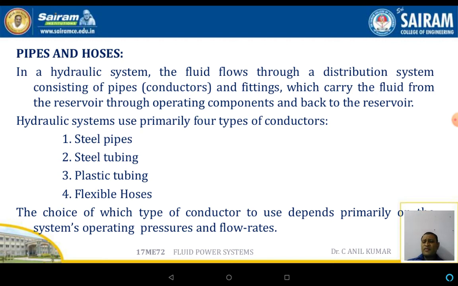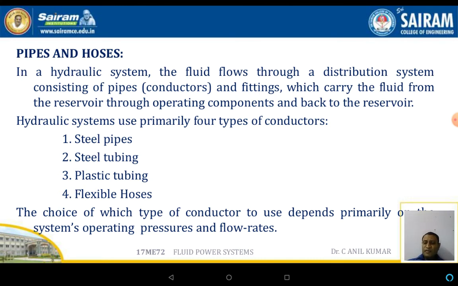The hydraulic systems use primarily four types of conductors: steel pipes, steel tubings, plastic tubings, and flexible hoses. Normally the flexible hoses are made of rubber. Along with the rubber, nylon, and in some cases steel mesh is also used, where the pressure withstanding capability should be increased.